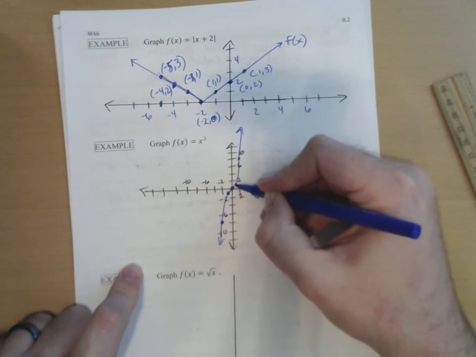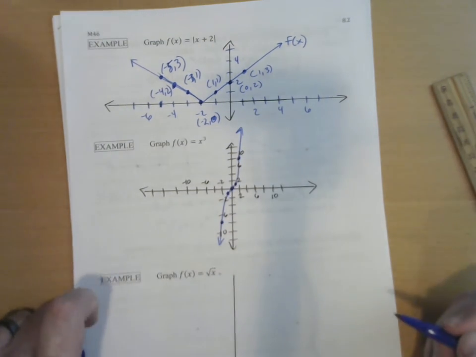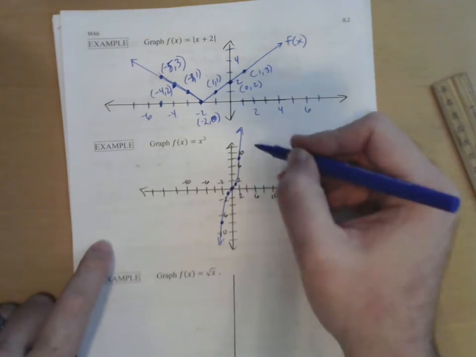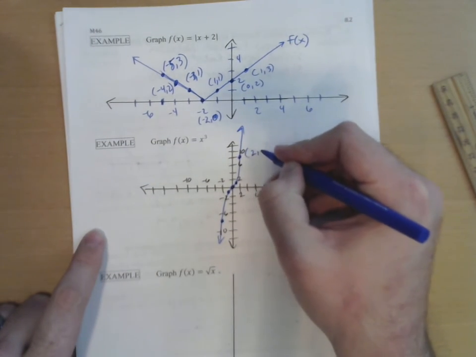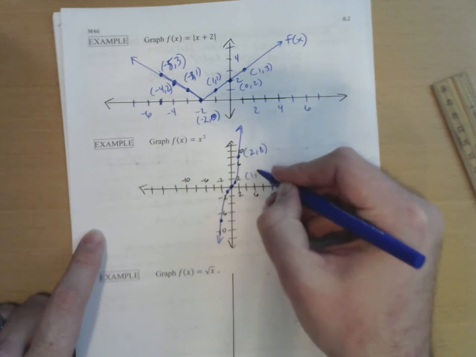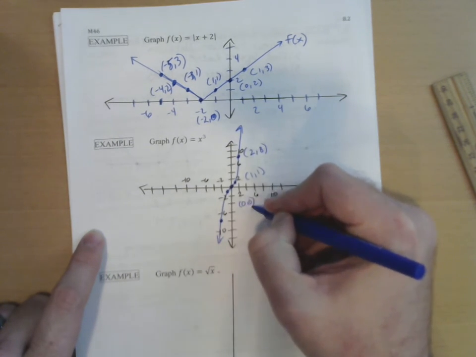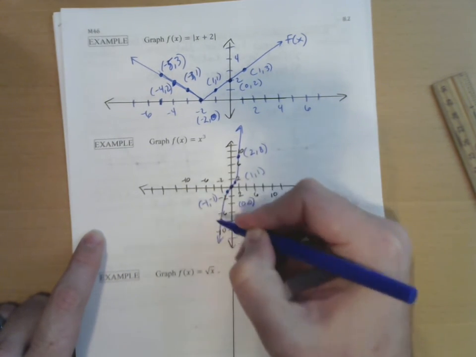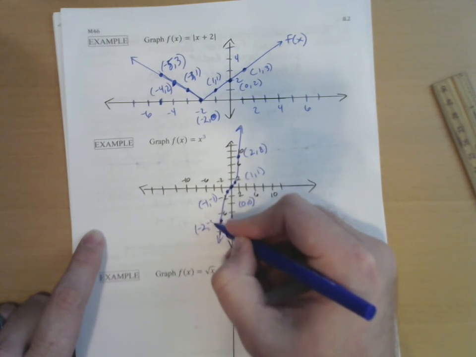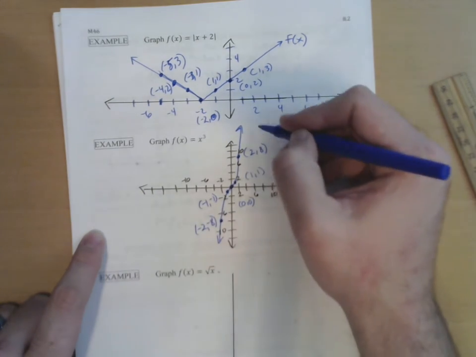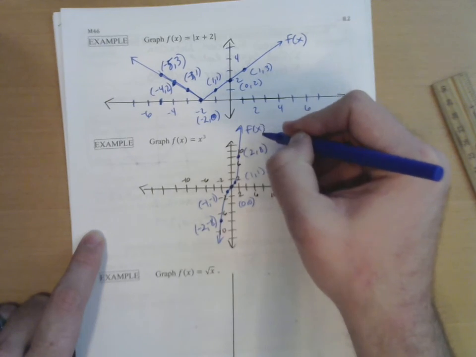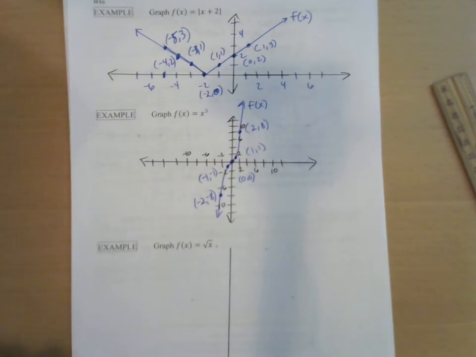And again, use my patented make your points bigger, and then label 2, 8, 1, 1, 0, 0, negative 1, negative 1, and negative 2, negative 8. And this is labeled f of x. These 5 points, the negative 2, negative 1, 0, 1, and 2, they are the traditional ones. They're not the only ones you can do, but they are the traditional ones.